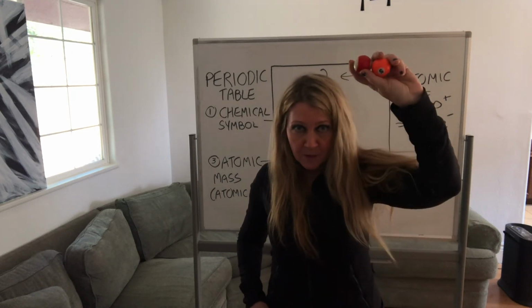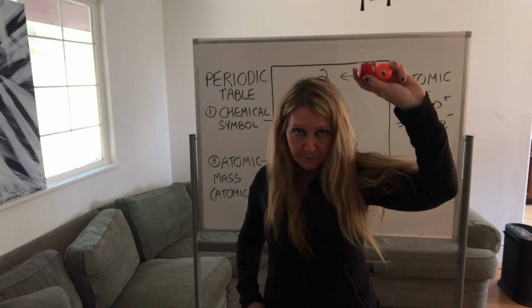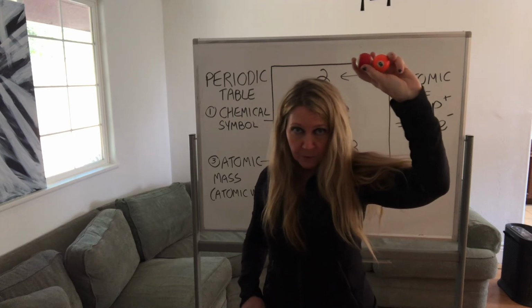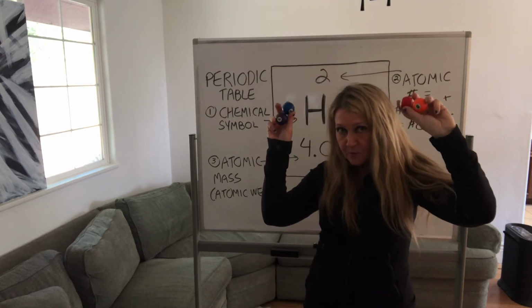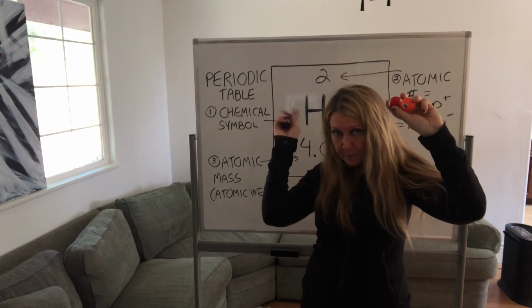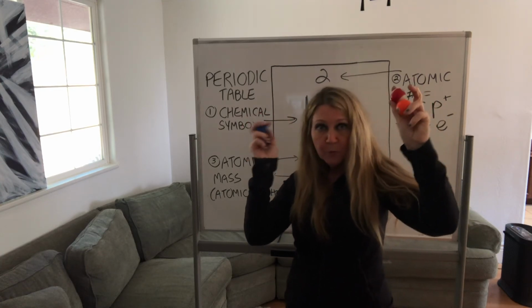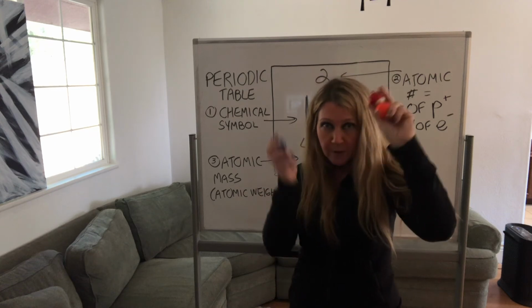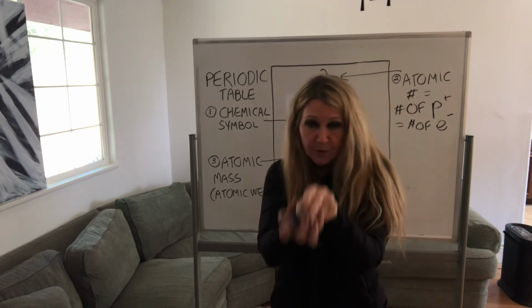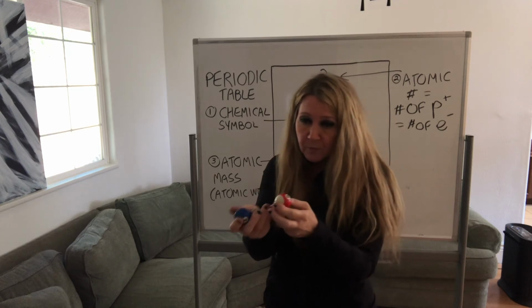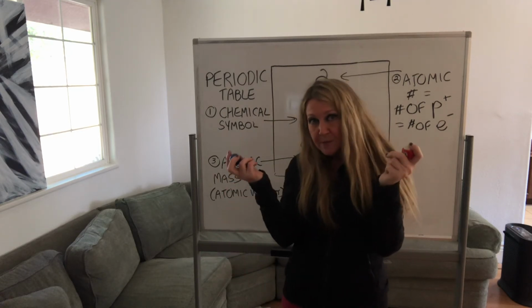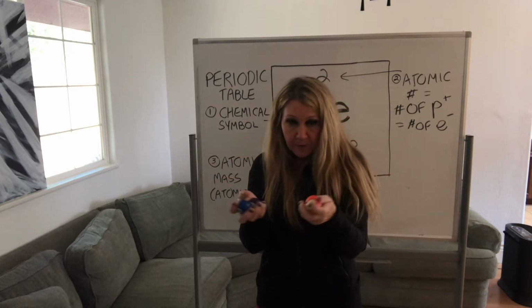Let's say these are protons. So we have two, because we're looking at helium. And let's say these are the neutrons. It also has two, but we'll talk about how you can figure that out. These are both in the nucleus of the atom. They're both in the center of the atom. So, like I said before, most of the atom is empty space.